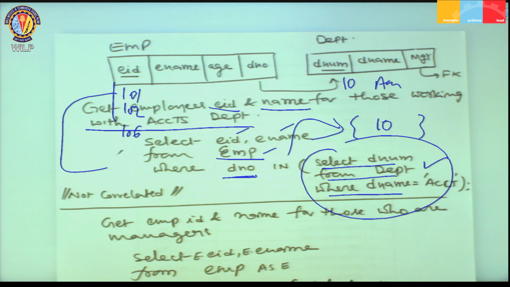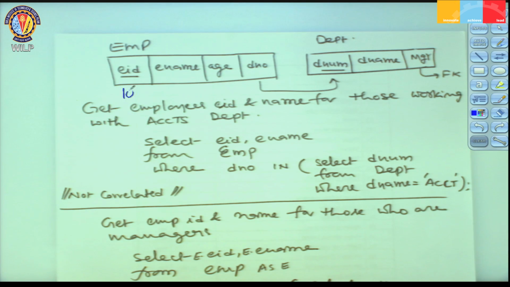Let us assume that employees 101, 104 and 110 have the names A, B, C. They work in departments 10, 20 and let us assume this is 10. Then I have departments 10 and 20, where the name of 10 is accounts and 20 is marketing.